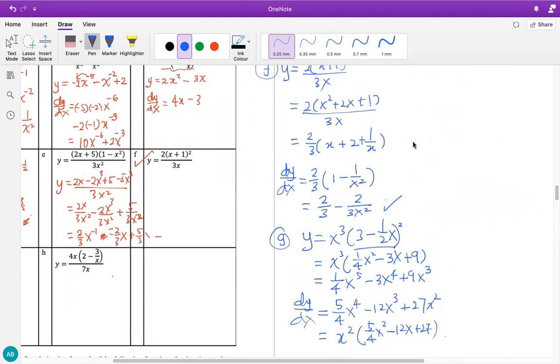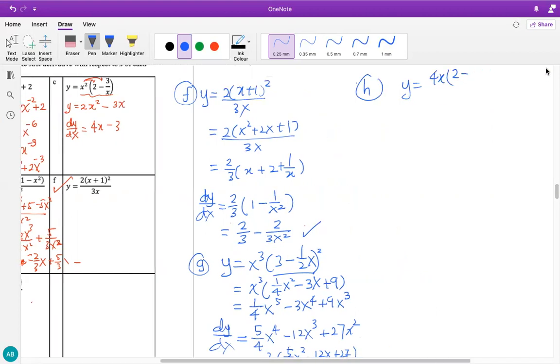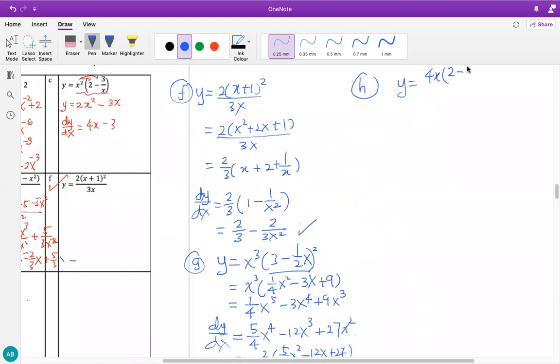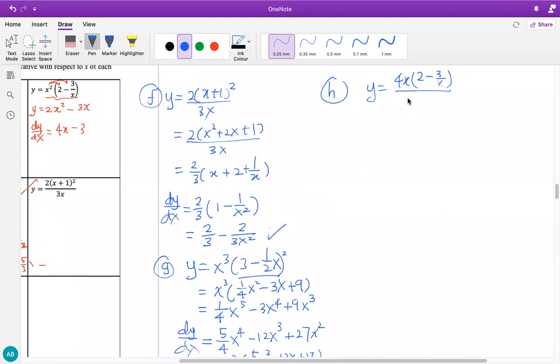And then lastly, H. Let me copy the equation first. H is y equals 4x times 2 minus 3 over x, over 7x. So we expand first, so you get 8x minus 4x times 3 over x. So x and x cancel out, so you get negative 12 over 7x.